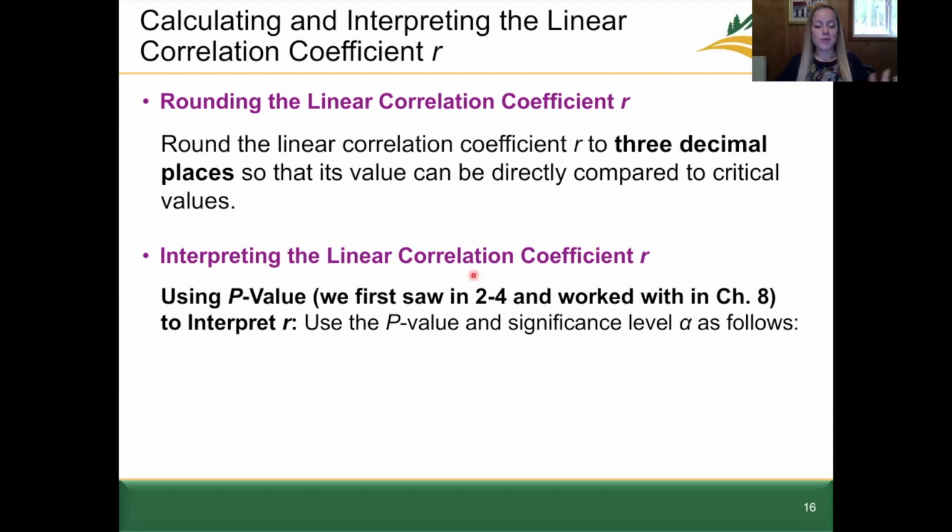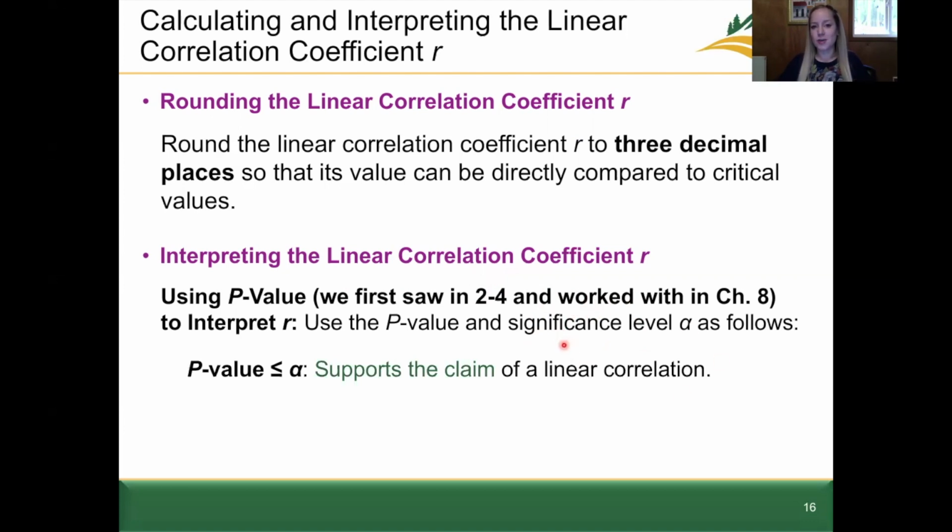Once we have a p-value, we'll also then compare it back to our significance level, or alpha. This will look similar to what we did in Chapter 8, but again, remember, we're focusing on these linear correlations. So in this case, if the p-value is less than or equal to our significance level alpha, then this supports the claim of a linear correlation.